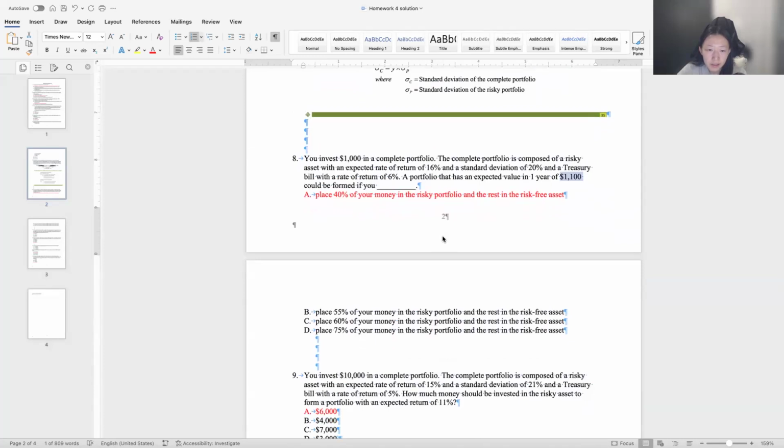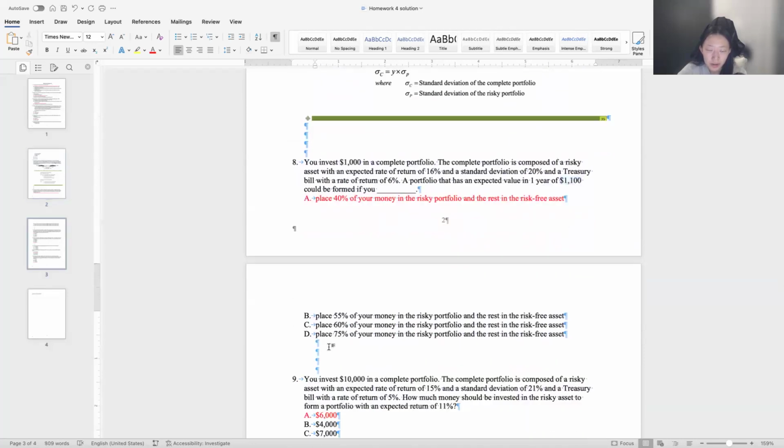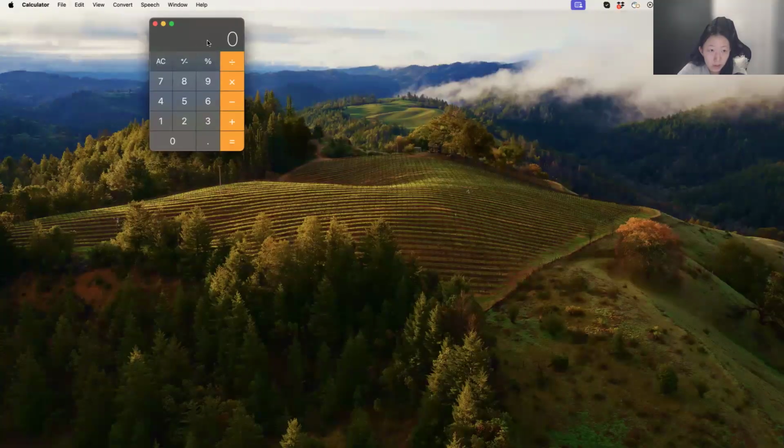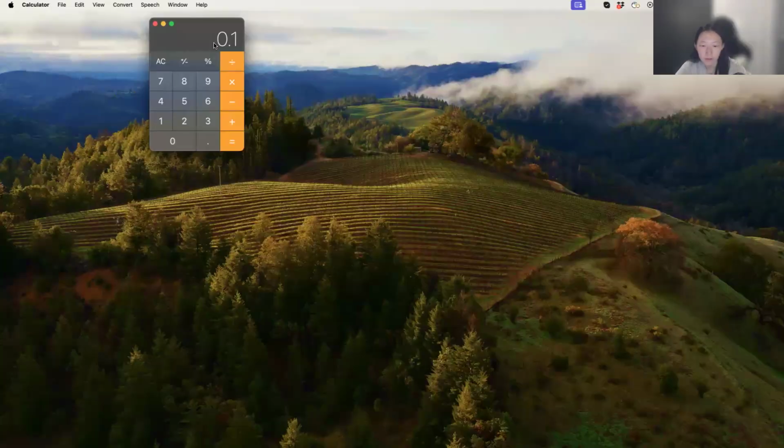And I believe the return is 10%, but just in case you don't know, our return R equals $1,100 minus $1,000 divided by $1,000. And that equals 10%.